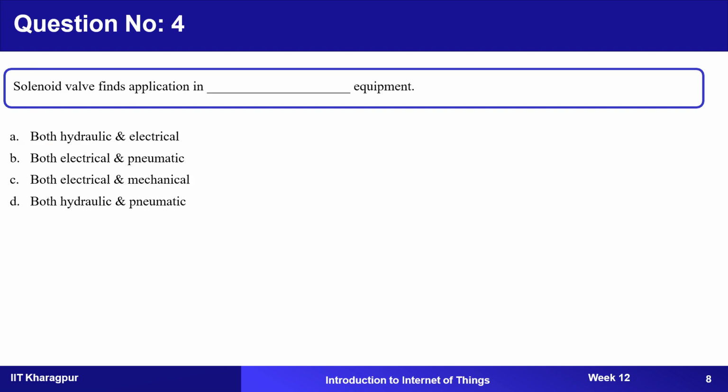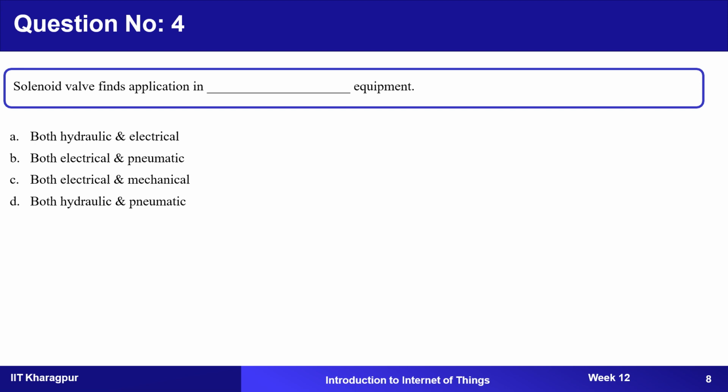Next question is, solenoid valve finds application in blank equipment. Options are both hydraulic and electrical, both electrical and pneumatic, both electrical and mechanical, both hydraulic and pneumatic. D ma'am, both electrical and pneumatic.